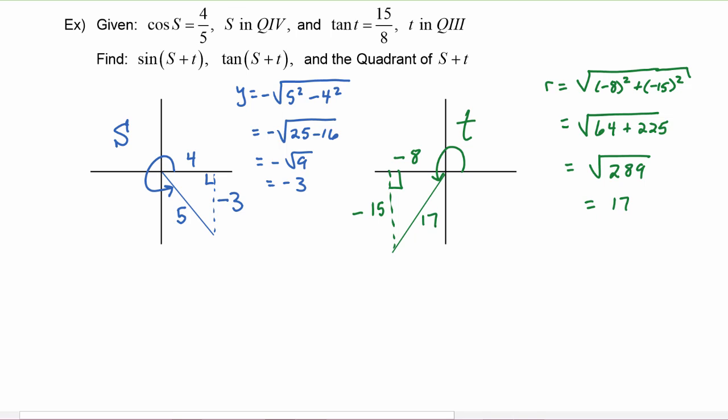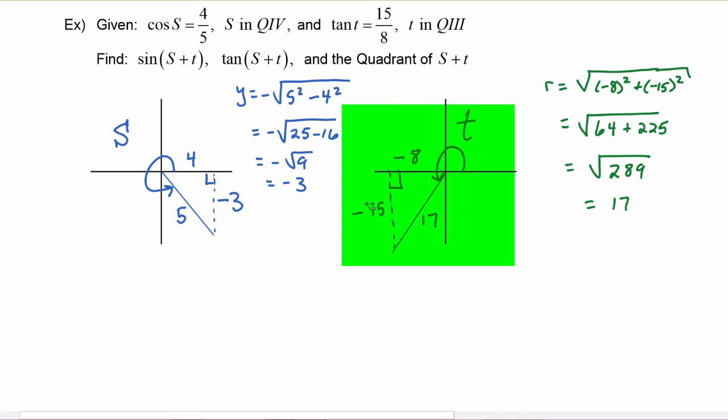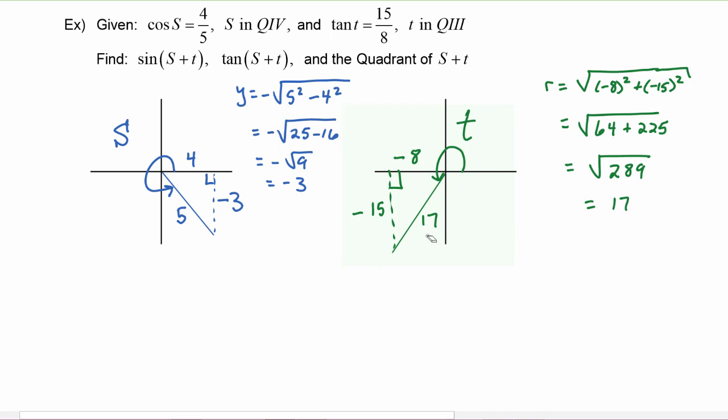So r is equal to 17. So now we have the pictures for angle S, and we know all of the sides of the triangle, and we have angle T, and we know all of the sides of the triangle. And now we're ready to find the sine of S plus T, the tangent of S plus T, and the quadrant of S plus T.